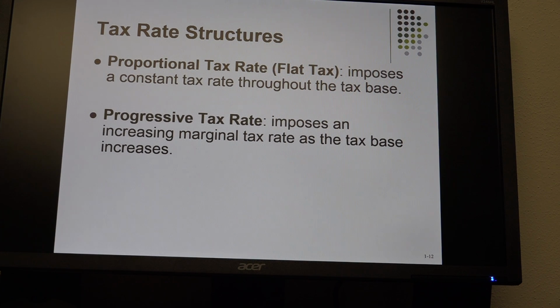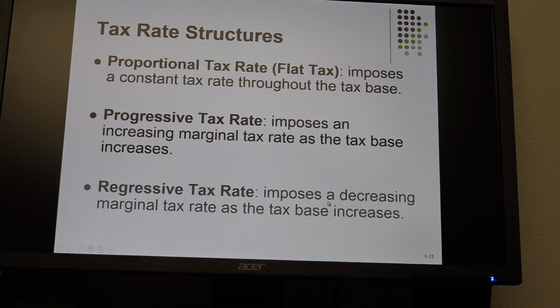What we do have in the federal tax system is a progressive tax rate. The more you make, the higher the tax rate is on the higher dollars. So you have an increasing marginal tax rate as the tax base increases.